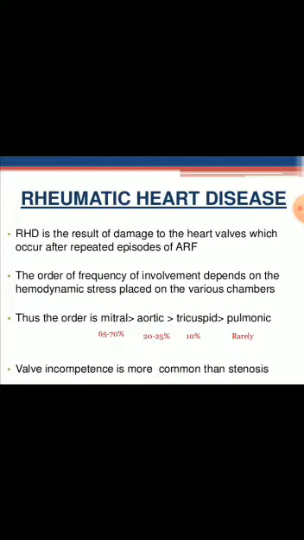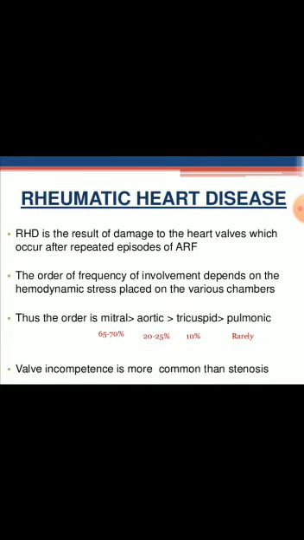Okay, in this rheumatic heart disease, you can see that there is damage to the heart valves which occurs after repeated episodes of acute rheumatic fever, and the order of frequency of involvement basically depends on the stress placed on the various chambers.